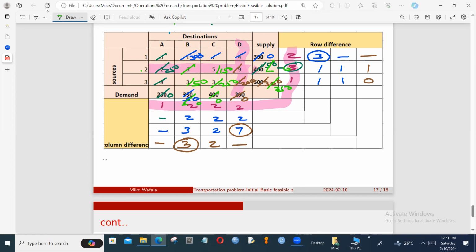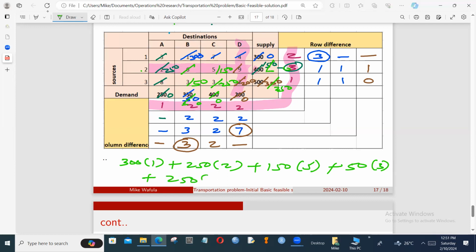So that's how you do now the assignment, so that you now pick up whatever you have assigned. 300 times 1 plus 250 times 2 plus 5 times 150 plus 50 times 3 plus 250 times 3 plus 200 times 2.